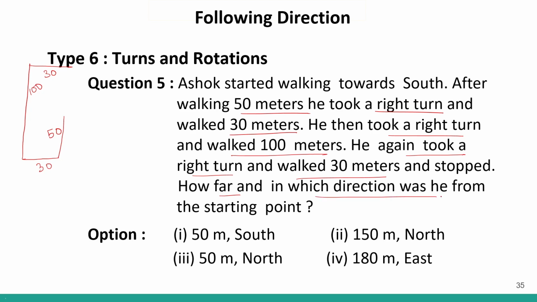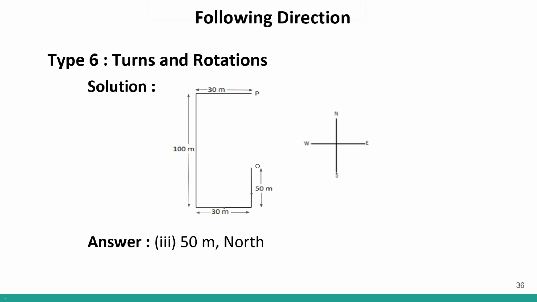How far and in which direction was he from the starting point? So very clearly he'll reach this point and this is the starting point. So they will be in line. So we have to find the direction from the starting point. So direction is towards north. And the distance is very clearly 100 minus 50, which will be 50 meters. So 50 meter north is option number 3, and option number 3 will be your correct answer.